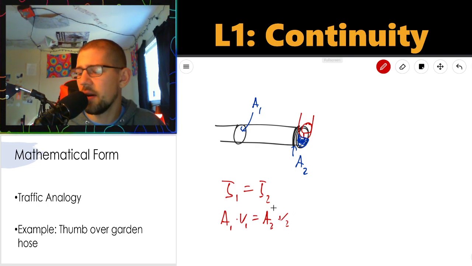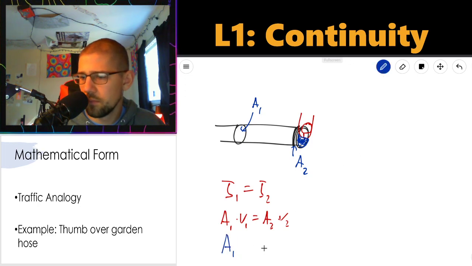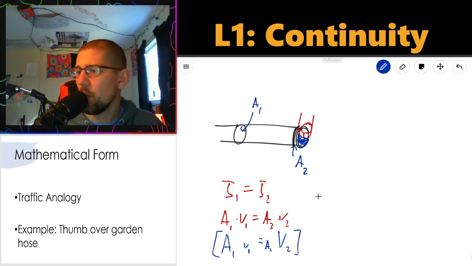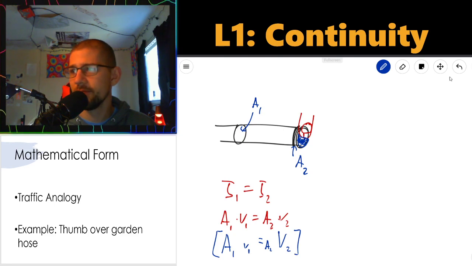Because my A2 is smaller than my A1, my V2 has to be larger than my V1 in order for these two things on opposite sides to be the same size. So when I reduce my surface area, my speed becomes faster. When I increase my surface area, my speed becomes slower. Cool.